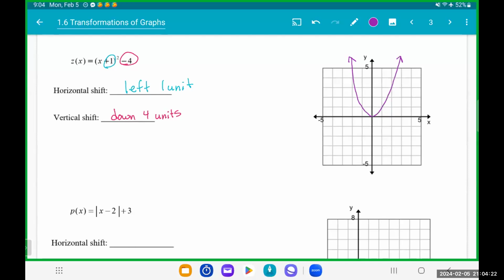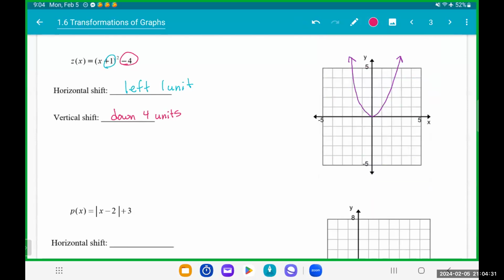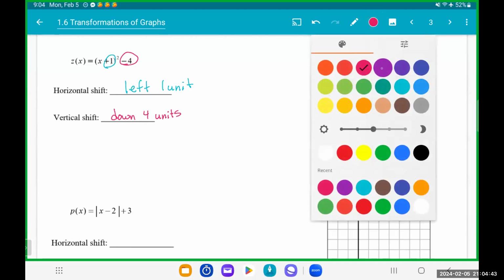Something like this, not exact, but what this is telling us is that we can shift this down 2 units to this point, but we also want to shift it to the left 1 unit.